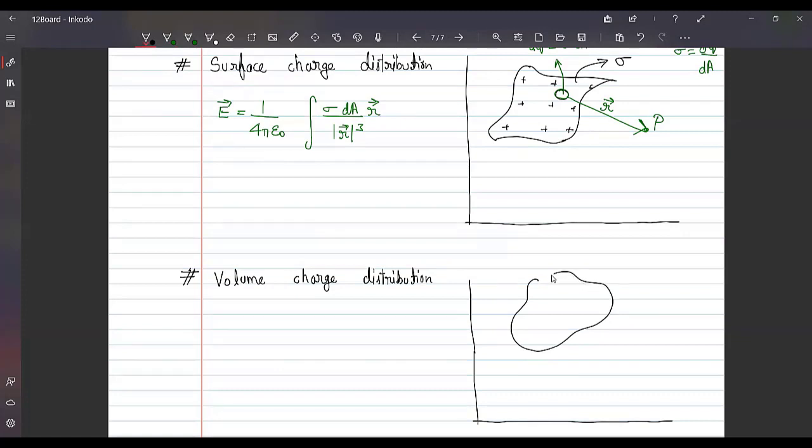Next is the volume. Suppose this is a volume region, and it has charge per unit volume, rho equals dq by dV. Again, you take a very small region, and let us say this region has charge dq.